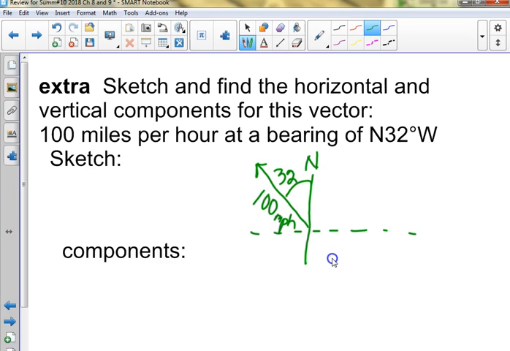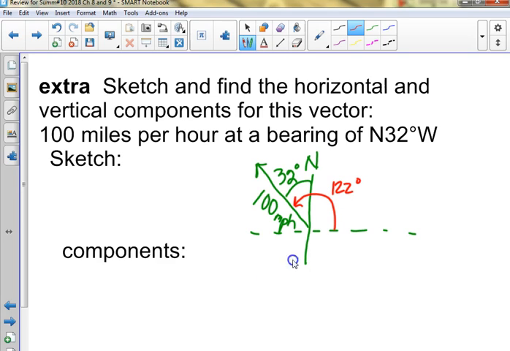This is on the white sheet up there. But how do we find the components for this, guys? We can't just type 132, cosine 32, 100, sine 32. That only works when we have what? Angle off the, yeah, positive x-axis. It won't get the signs right unless it's off the positive x-axis. So 90 plus 32, is that 122, guys?